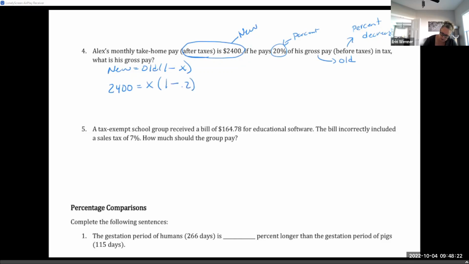And again, where did the 0.2 come from? Well, 20% is equal to 0.2 as a decimal. So now 1 minus 0.2 is going to be 0.8. And then we will divide both sides by 0.8. And we get 3,000.